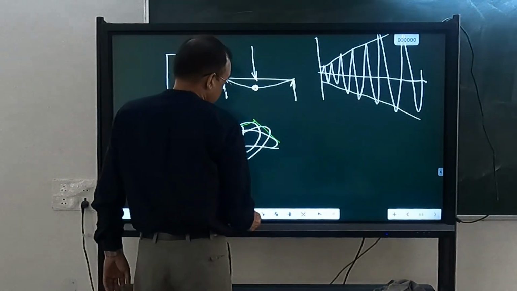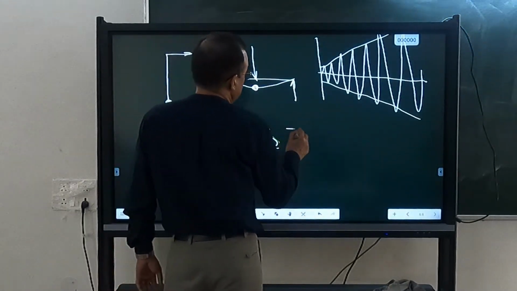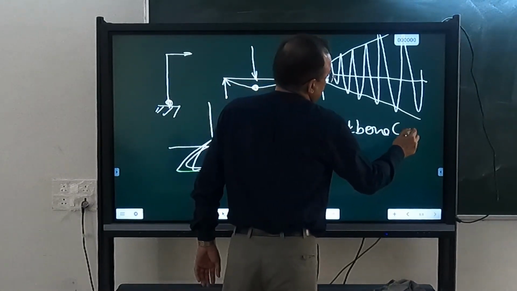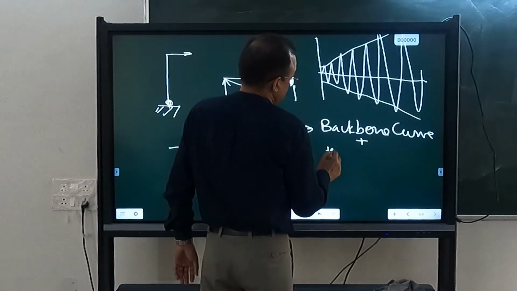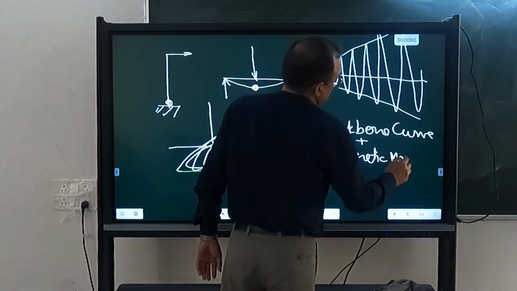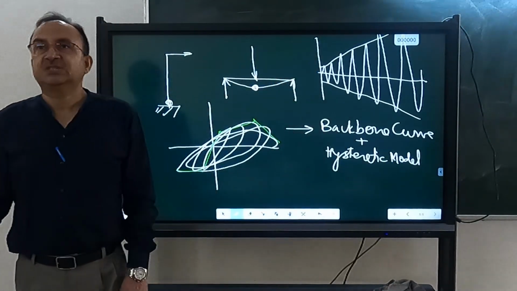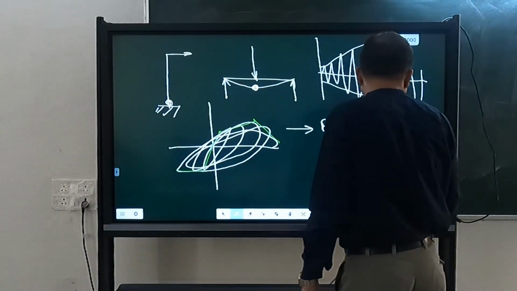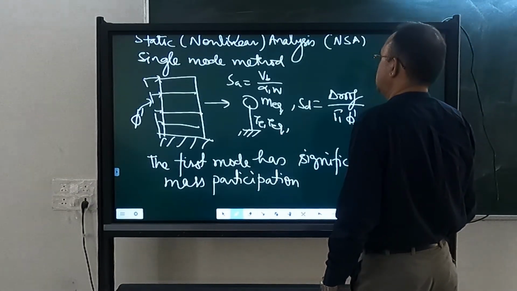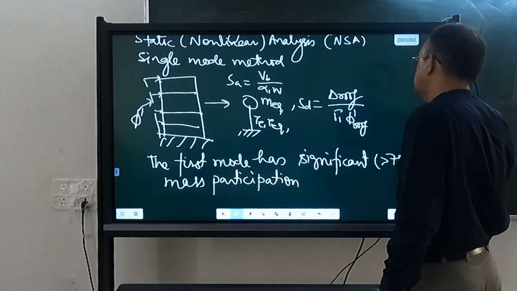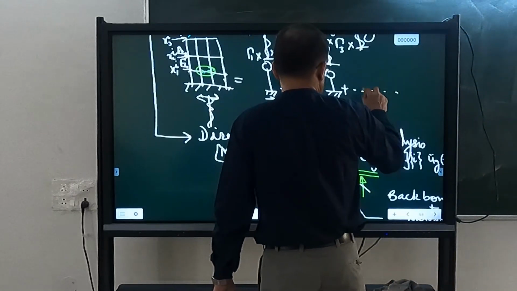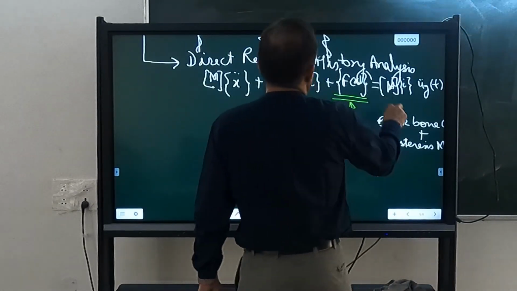So from here, I will get the backbone curve and these I will use in my numerical solution, which I discussed here.